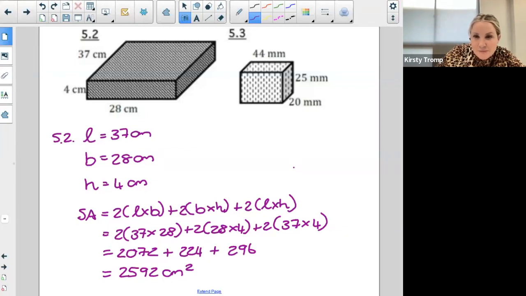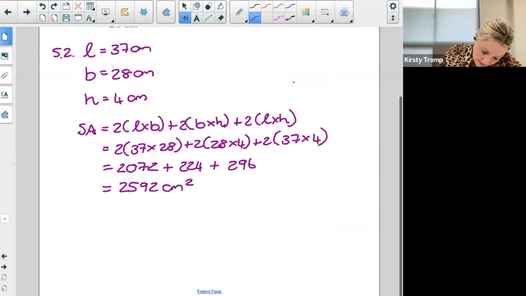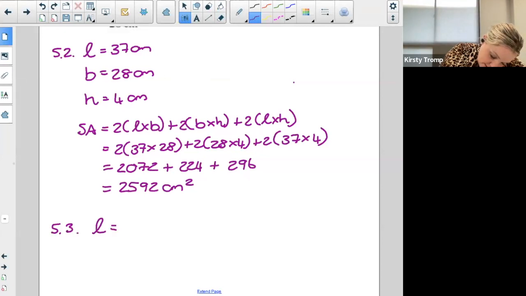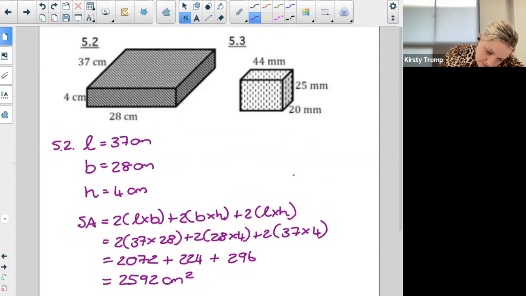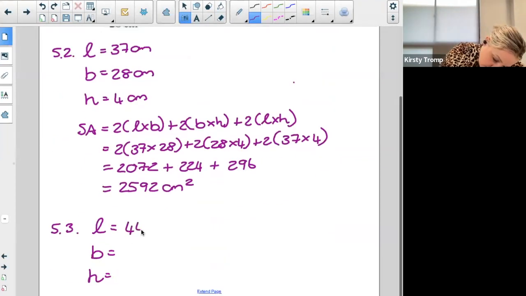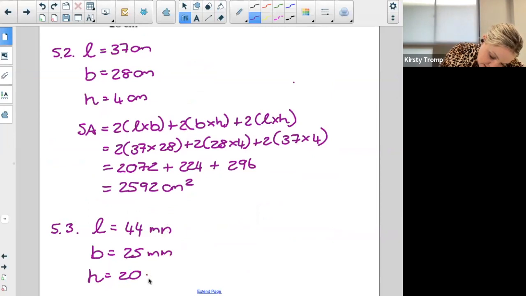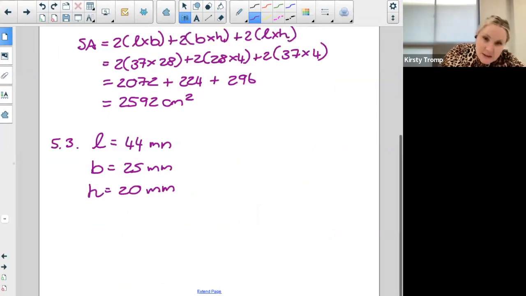Okay. All right, guys. And the last one, I'm going to help you and give you the formula. So let's go have a look at 5.3. For 5.3, length, breadth, and height are 44, 25, and 20, and they are in millimeters here. What are we going to have?